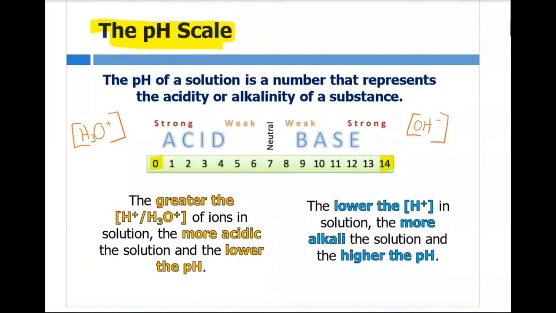So if the concentration of the substance that you are working with has a very high concentration of hydronium ions, it is a very strong acid, single arrow. It's a strong acid if the hydronium ion concentration is very high. Why? Because it's forming a lot, little reactant, a lot of product.